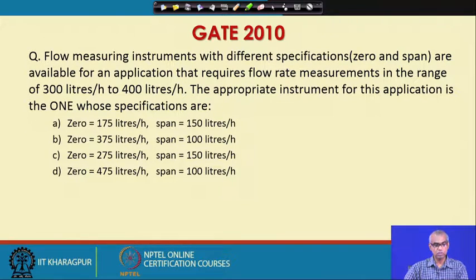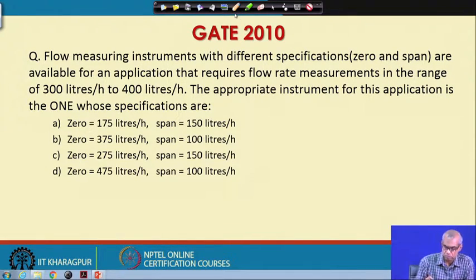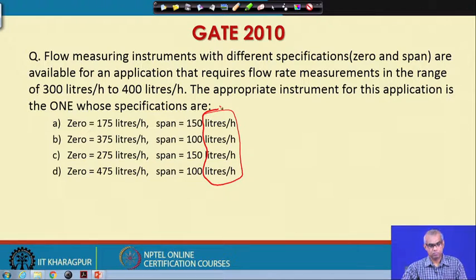Option B, zero 375 liter per hour, span 100. You can drop the unit for the span. Option C, zero 275 liter per hour, span 150. Option D, zero 475 liter per hour, span 100.